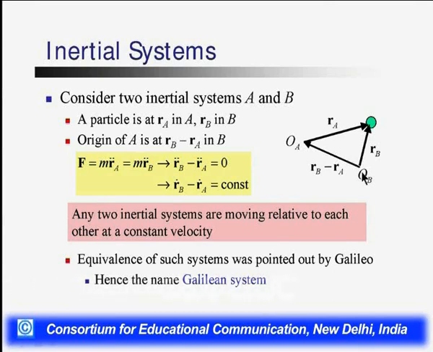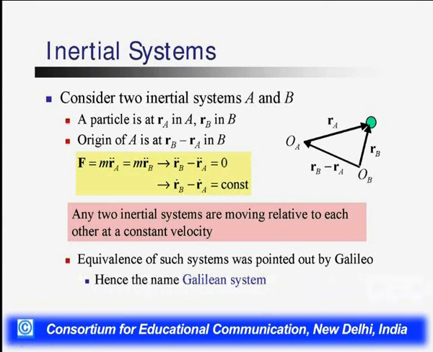That's why we define F is equal to M RA double dot, the force on that particle. M RA double dot is equal to M RB double dot, which means the double derivative of RB minus RA is equal to 0, or we can write it as RB dot minus RA dot is equal to a constant.